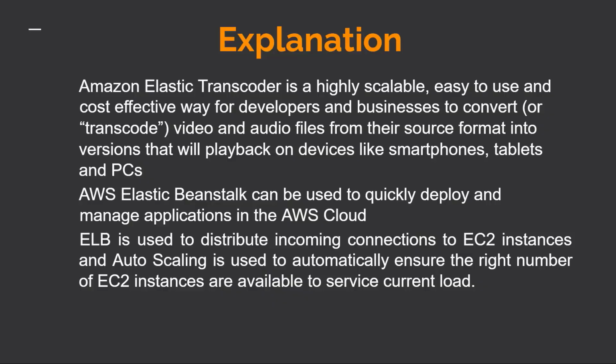Explanation: Amazon Elastic Transcoder is a highly scalable, easy-to-use and cost-effective way for developers and businesses to convert, or transcode, video and audio files from their source format into versions that will play back on devices like smartphones, tablets, and PC. AWS Elastic Beanstalk can be used to quickly deploy and manage applications in the AWS cloud. ELB is used to distribute incoming connections to EC2 instances, and Auto Scaling is used to automatically ensure the right number of EC2 instances are available to service current load.